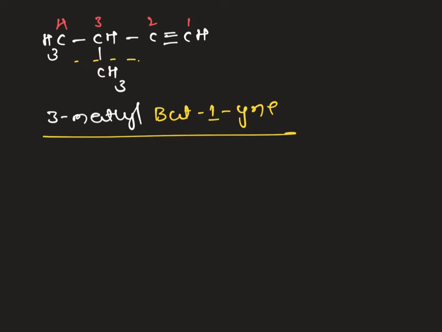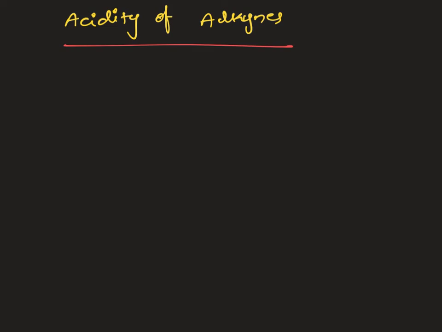Let's move on to our topic, acidity of alkynes. So terminal alkynes usually exhibit acidic character, and what could be the reason why they exhibit acidity, that we will understand.